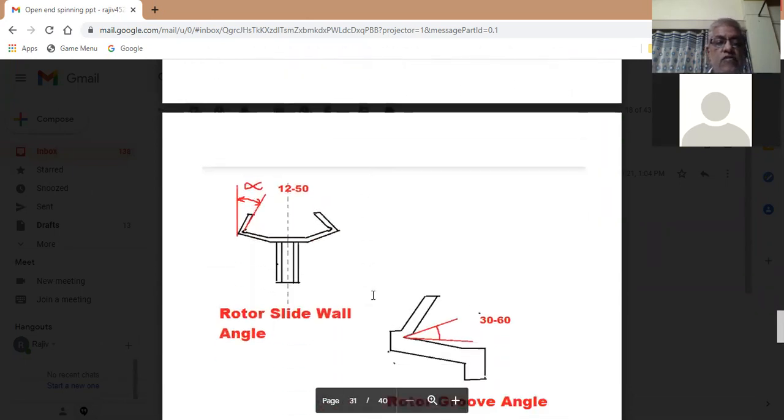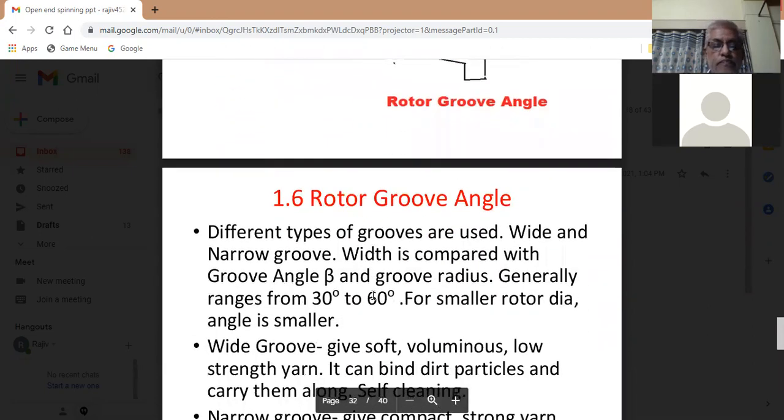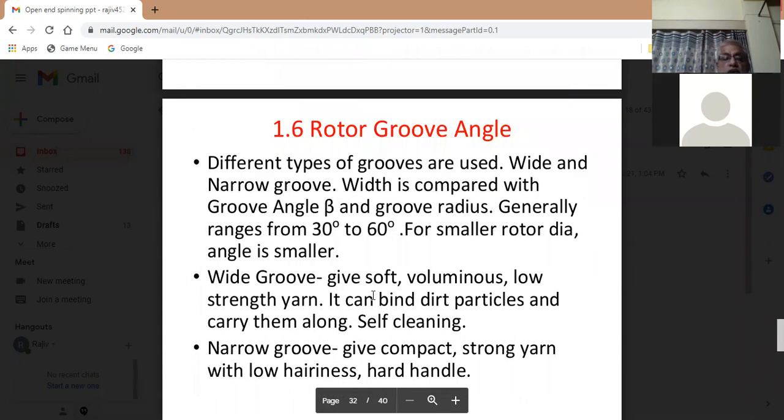Rotor wall angle is generally 12 to 50 degree, and we have also studied the rotor groove angle, which is generally lying between 30 to 60 degree. A wide groove will give us a soft, voluminous and low strength yarn, whereas a narrow groove will give us compact, strong yarn with low hairiness and hard handle.